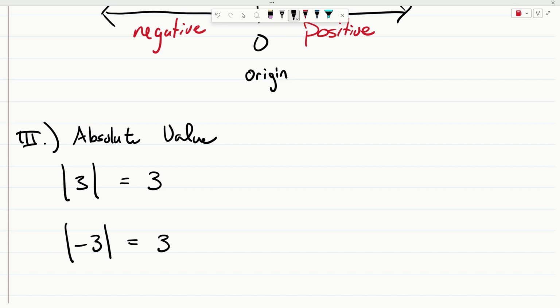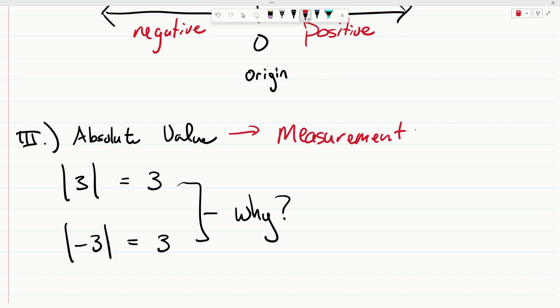But the big question is, why? And the answer is not that the absolute value is always positive. The absolute value is a measurement of distance. That's what the absolute value does, it measures distance for us.